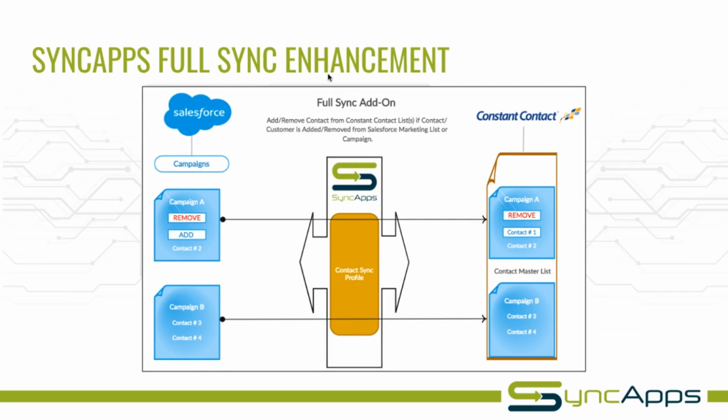For example, you have a Salesforce campaign and one record, contact number 2, is removed from your campaign in Salesforce, so automatically that will also be removed from your Constant Contact list as well.